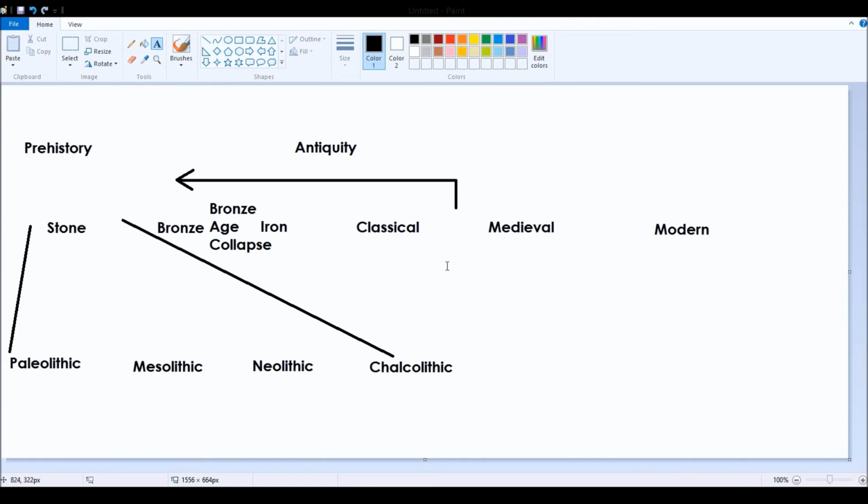But the division from classical to medieval in European history, and why do I talk about European history? It may sound a bit Eurocentric to a lot of people.